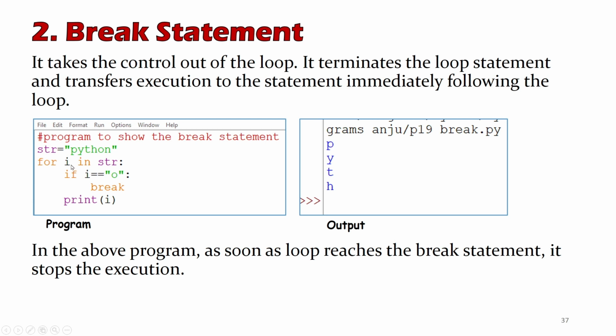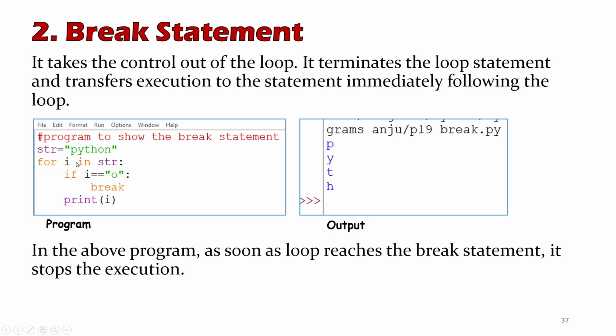Now the first value of i is P, so it has printed P, then it has printed Y, then T, then H. When it reaches O, it breaks the loop. So the loop completely breaks and now it has come out of the loop. If there is something written after the loop in the program, it will be executed.